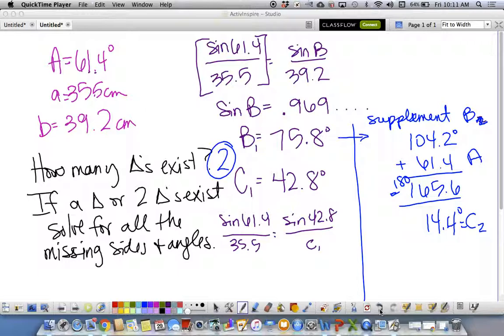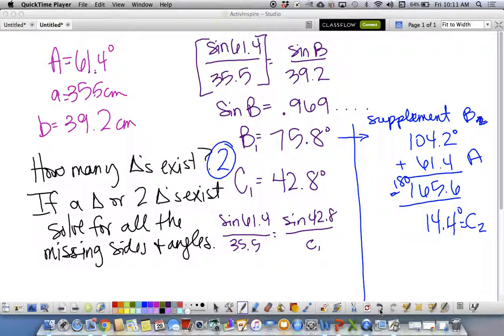What was given to me? There can be two triangles that exist. I need to find all the missing sides and angles for both. So I'm going to find a little c1 and a little c2.